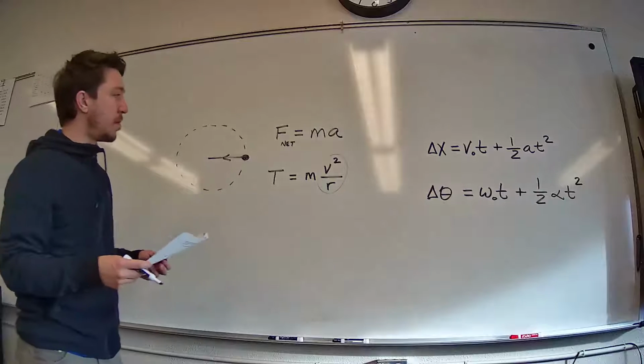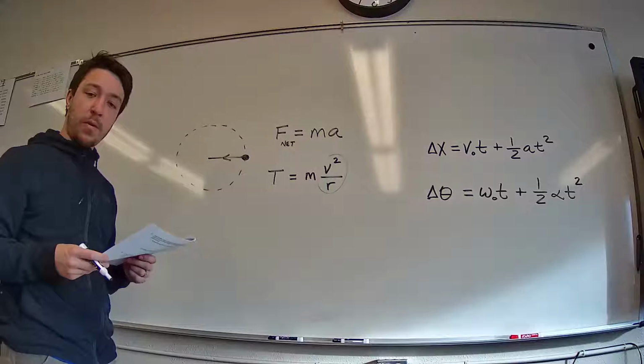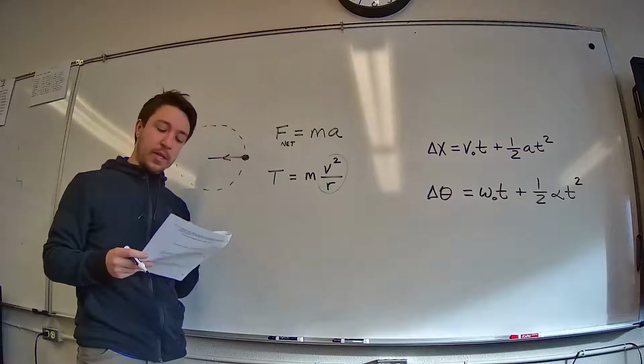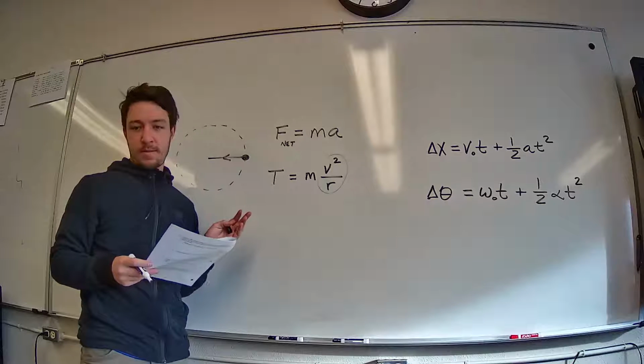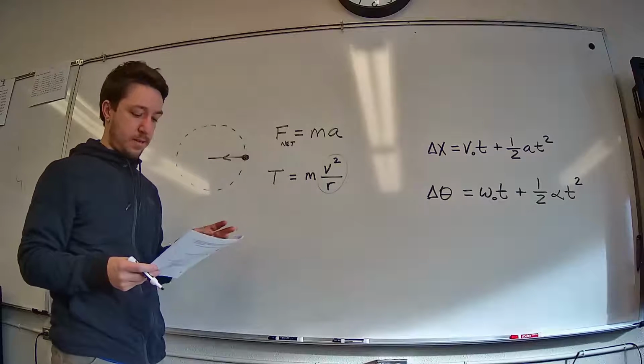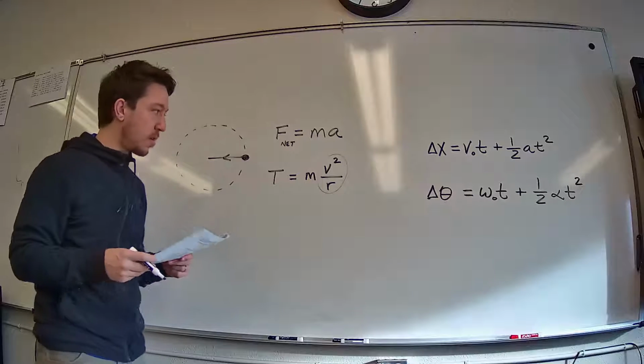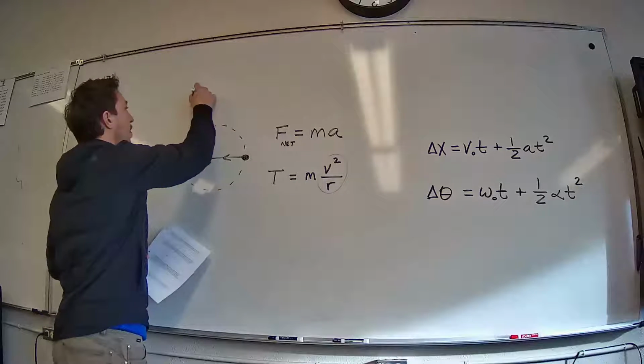So, who's got an idea? The question is saying I don't want v in there, I want there to be just an omega. What should I do? Yes, Caleb. Replace v with omega times the radius. Very good.